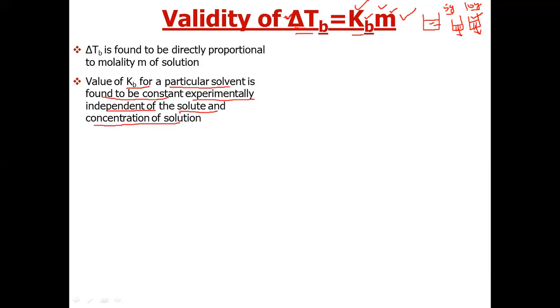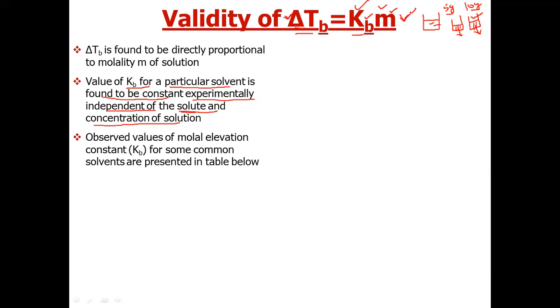Second, it is independent of the solute. Suppose one time we have sugar, second time we have urea. Again, measure delta Tb. We can calculate molality. So Kb will be delta Tb by m. If Kb comes out to be the same, that means this relation is true. This is how we experimentally validate.